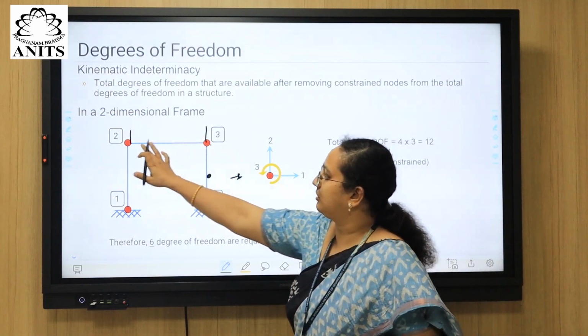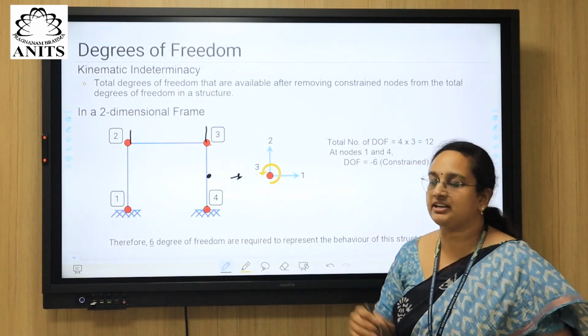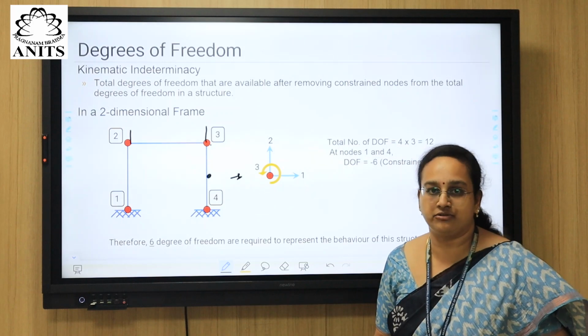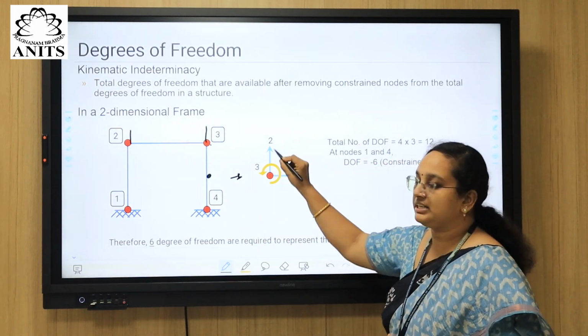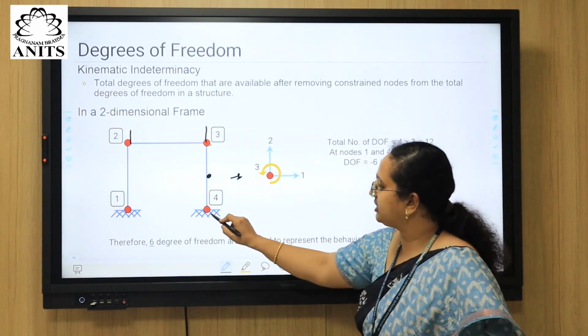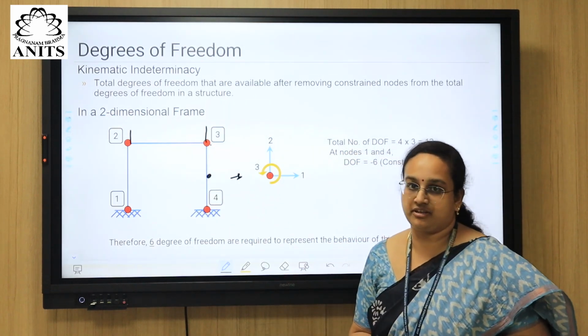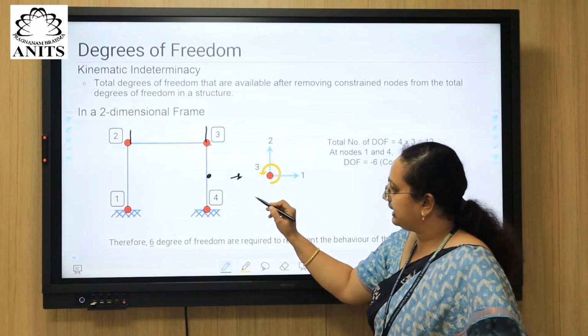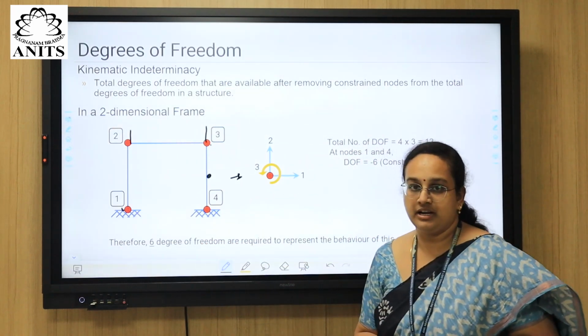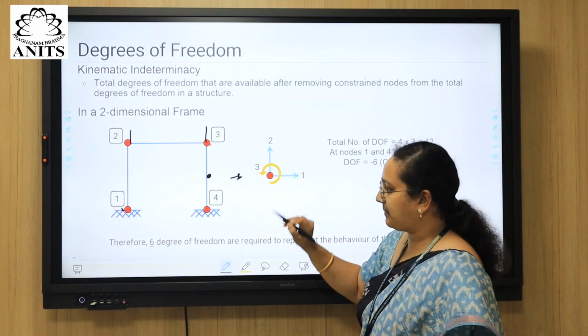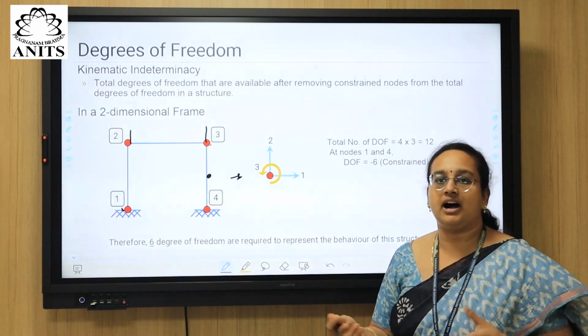Now in these nodes, if we have to define kinematic indeterminacy, how are we going to do it? Suppose at each and every node we can define 3 degrees of freedom, right? So we can define 3 degrees of freedom at all the 4 nodes. But in this case, at node 1 and at node 4, all the 3 degrees of freedom are constrained.